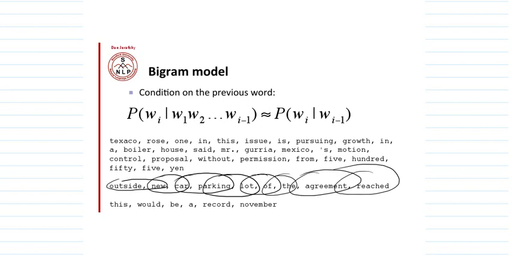So probability of new given outside, probability of parking given car, and so on. So outside new car parking lot of the agreement reached.